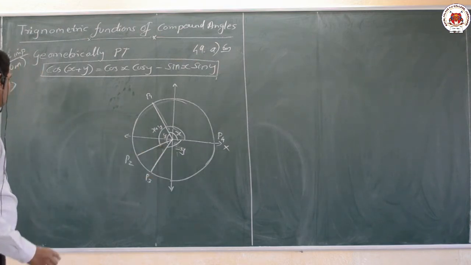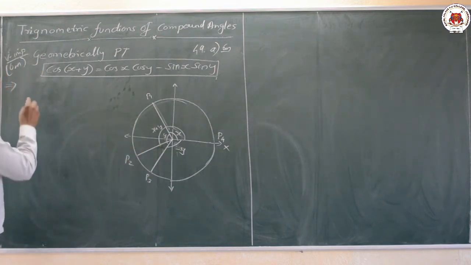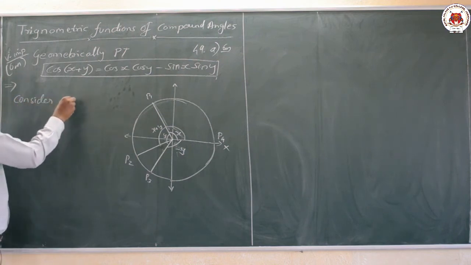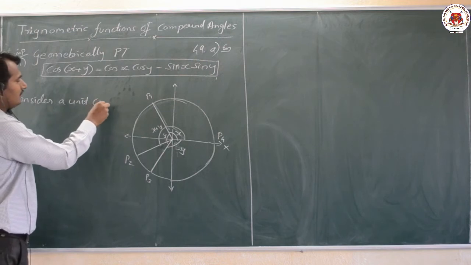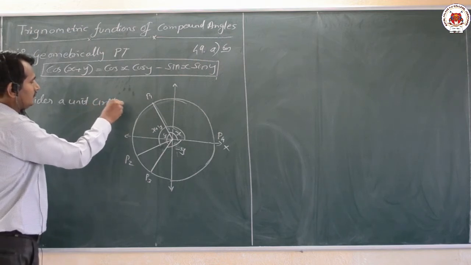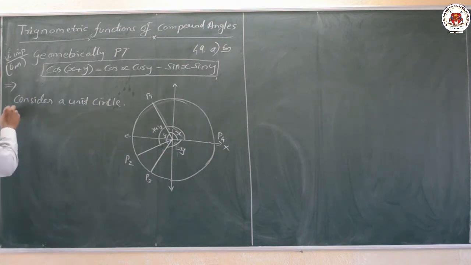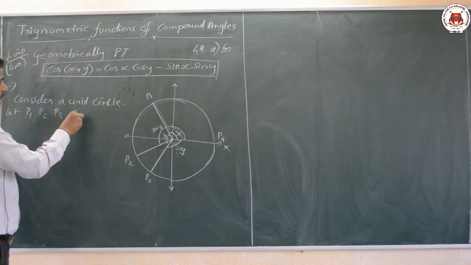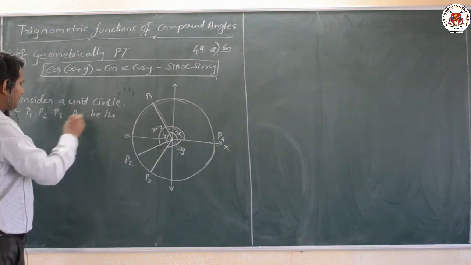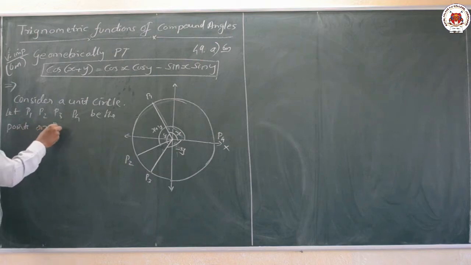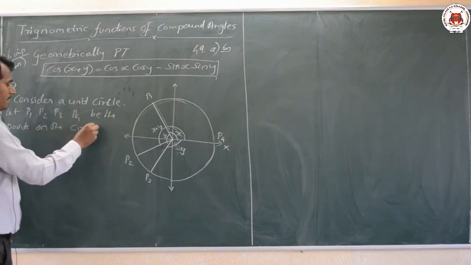Now let us write down the same thing. Consider a unit circle, a circle of radius 1 unit. Let P1, P2, P3, P4 be the points on the unit circle.